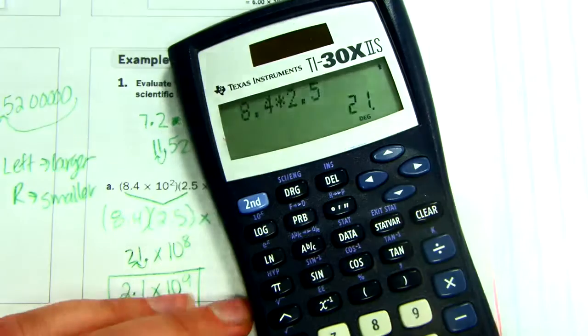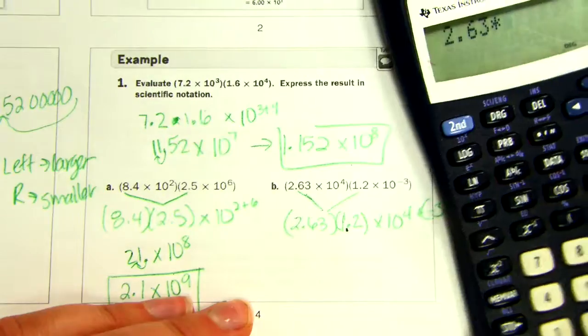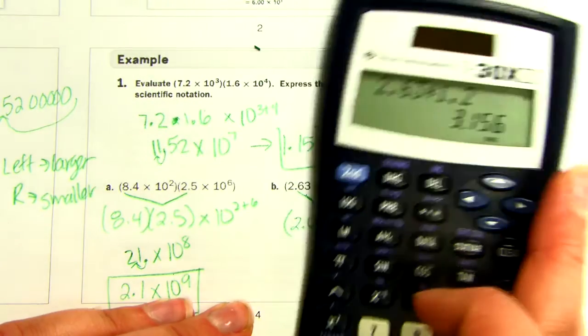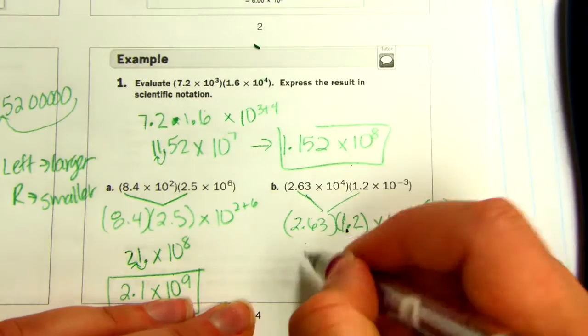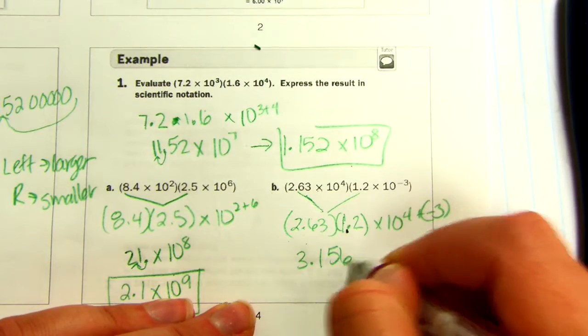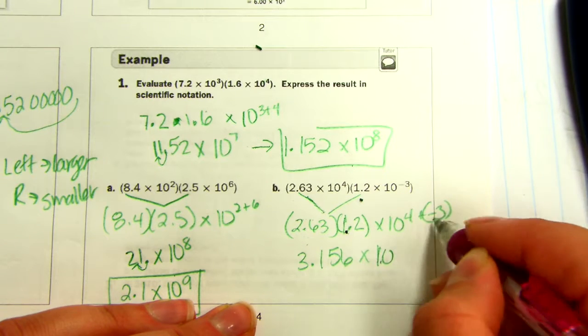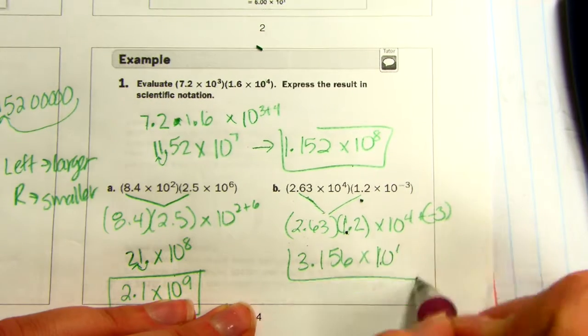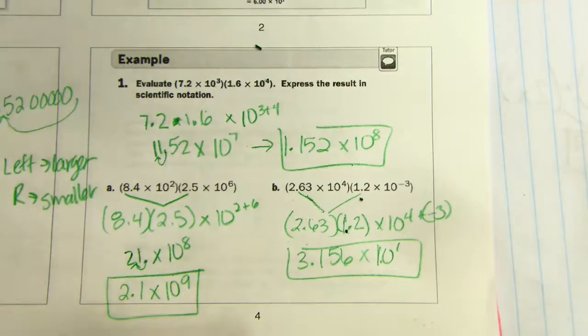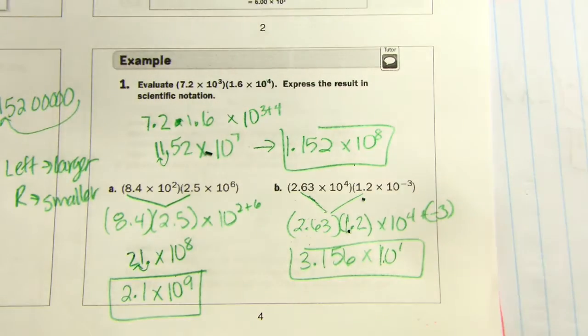So 2.63 times 1.2 is 3.156, that's nice. It's already in standard scientific notation, times 10 to the negative 4 plus 4 plus negative 3 is 1. Or you could write it as just times 10, which would be 31.56. Kind of a silly problem to do with scientific notation.